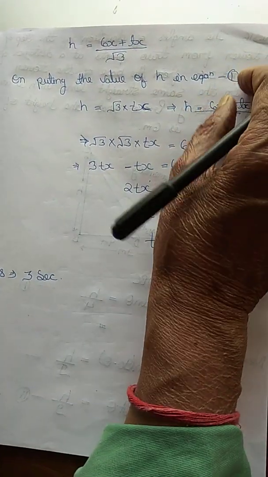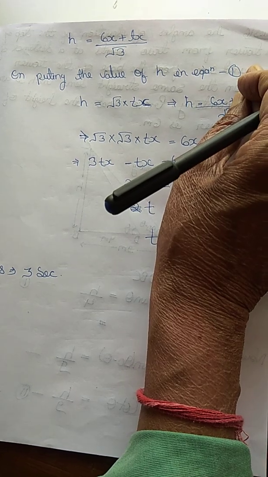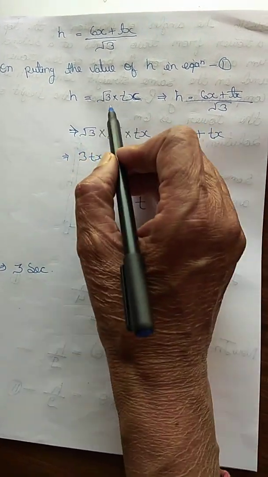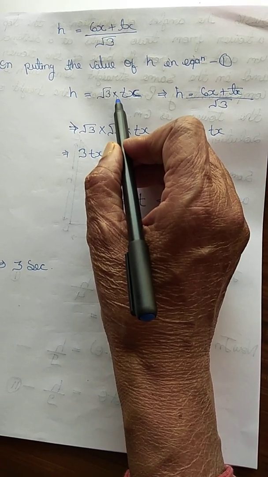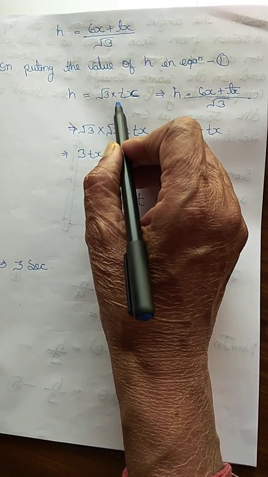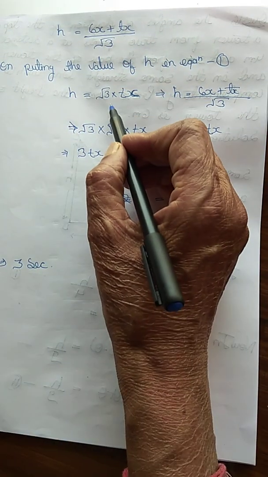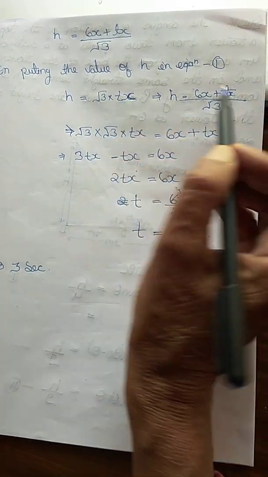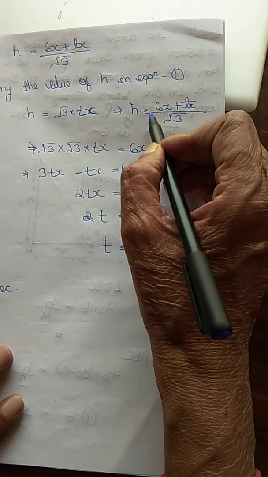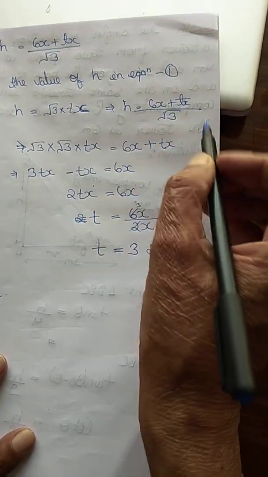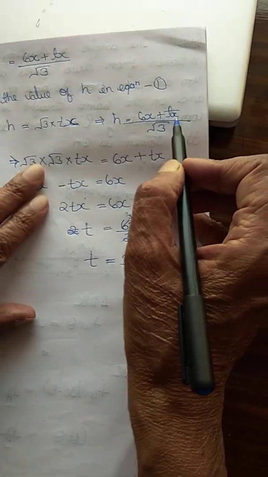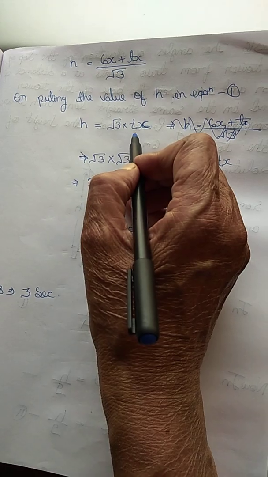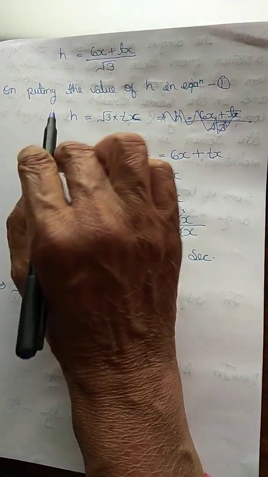We will put the value of H from equation 1. We have from equation 1 H is equal to root 3 into Tx. Here we will put the value of H.